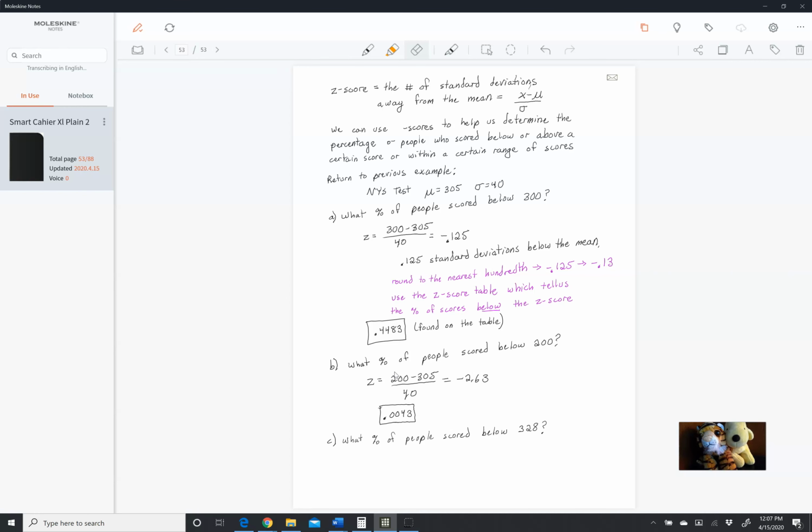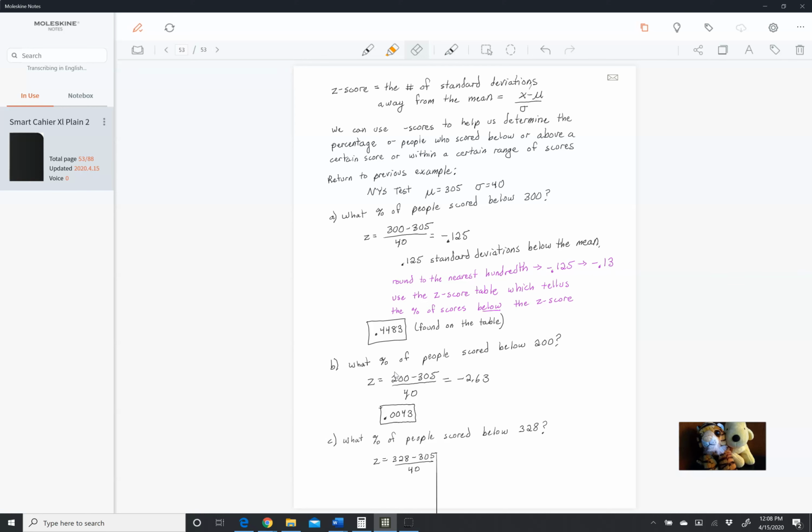Well, again, we have to find our z-score. Sometimes the z-score will already be given to you, so you won't have to worry about finding it. But in this case, we have to find it. So we're going to do 328 minus 305 over 40.